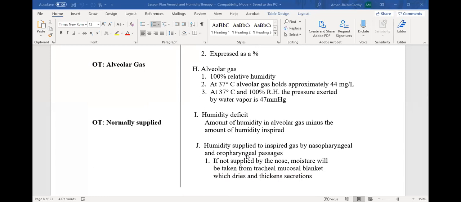So at 37 degrees Celsius, alveolar gas holds approximately 44 milligrams of water. At 37 degrees Celsius and 100% relative humidity, the pressure that is exerted by that water is 47 millimeters of mercury. That's where you got the 47 millimeters of mercury from in the alveolar air equation. Okay, now we know where that pressure came from.